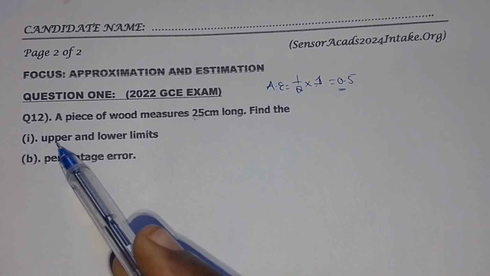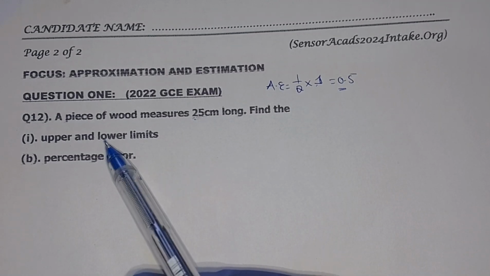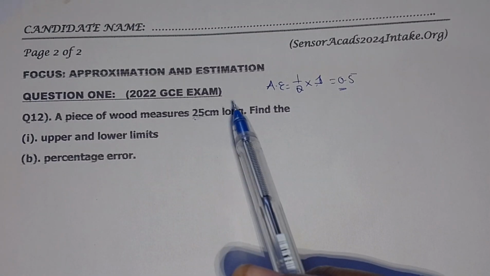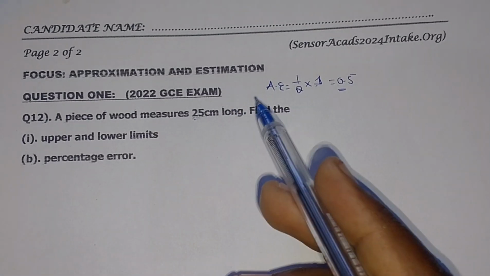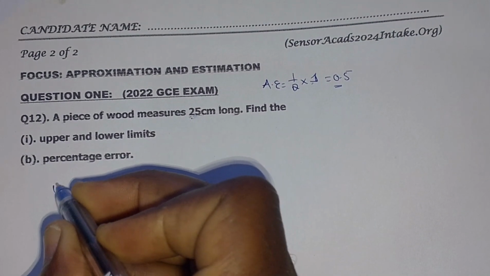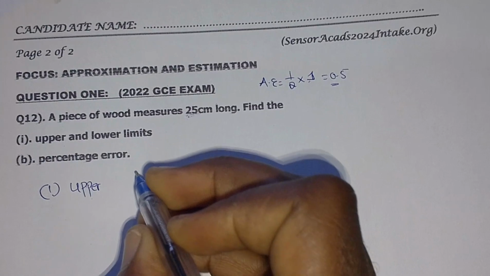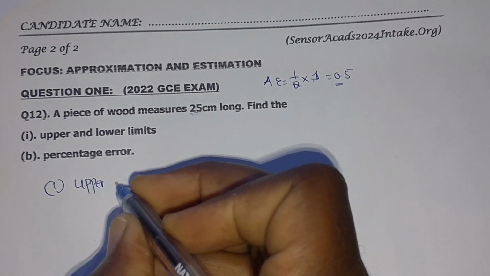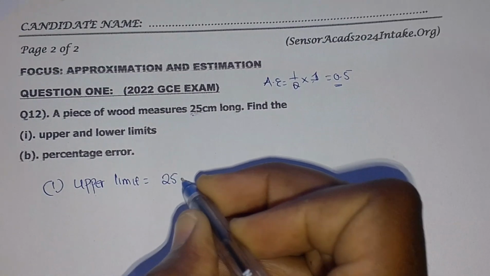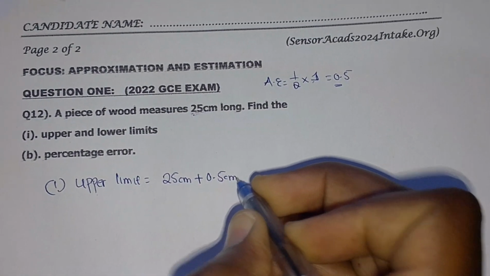So to find the upper limit, you add the absolute error to the given measurement. To find the lower limit, you subtract the absolute error from the given measurement. So for the upper limit, we're going to say 25 centimeters plus 0.5 centimeters.